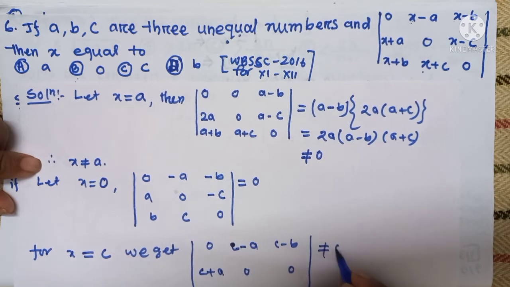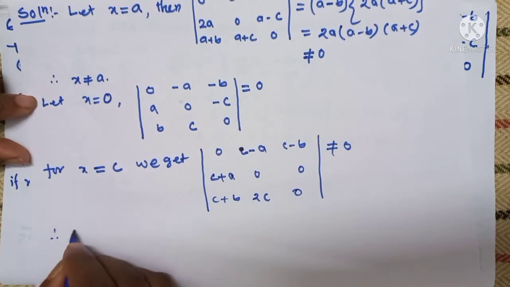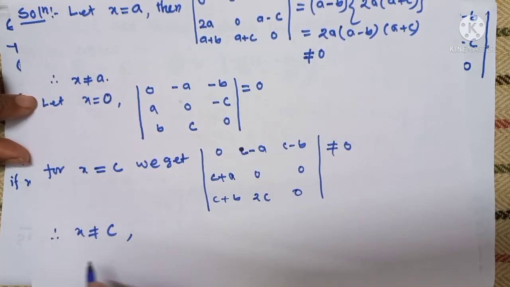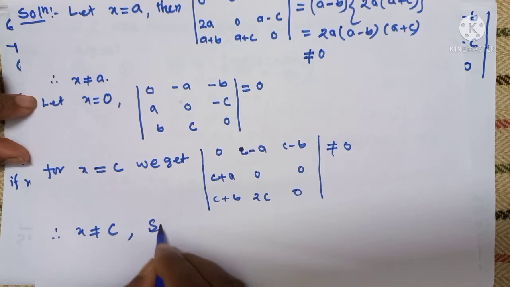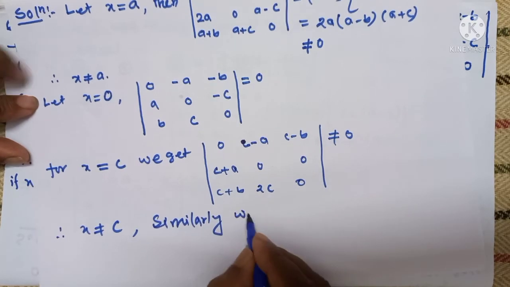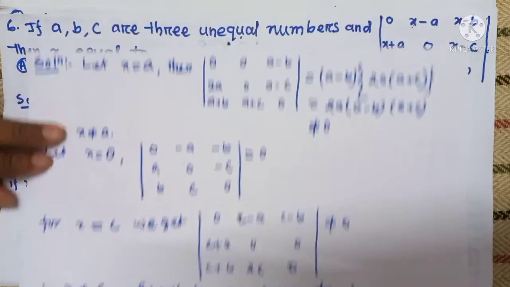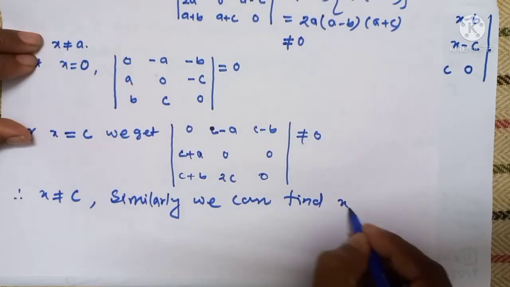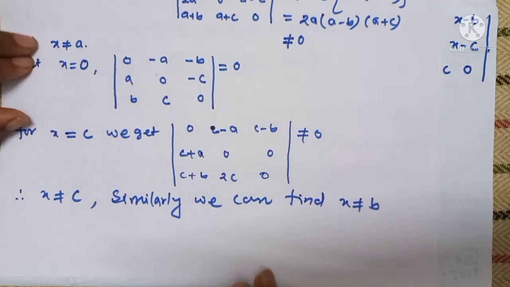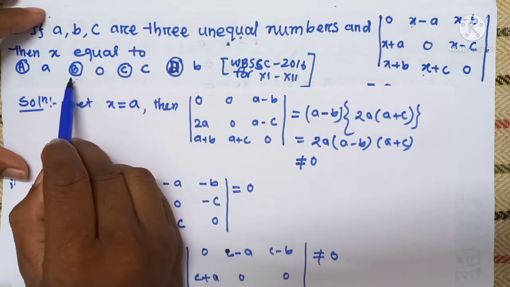This is not equal to 0, so x is not equal to c. Similarly, we can find x is not equal to b, so the correct answer is option B.